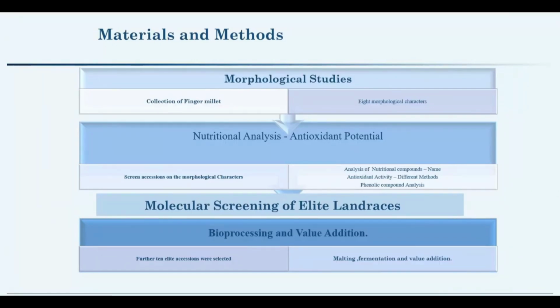Means, if you complete the 50 on the morphological, then on the basis of morphological characters, try to screen elite land races, elite varieties, or the best plant material, and then the remaining, whatever the figure is, 15 or 20, you go for in detail.